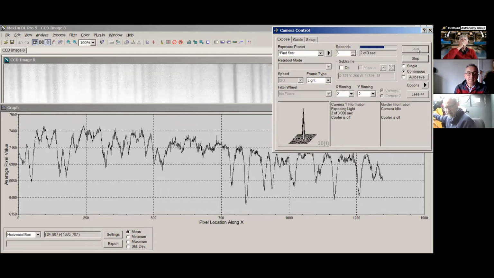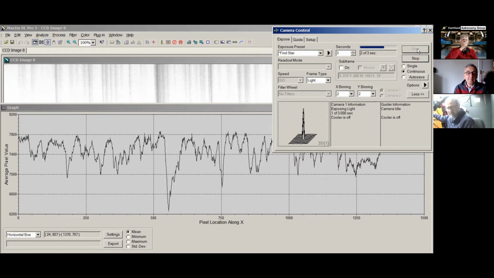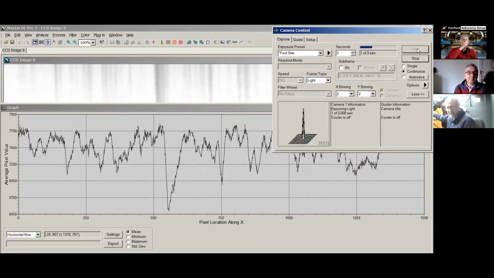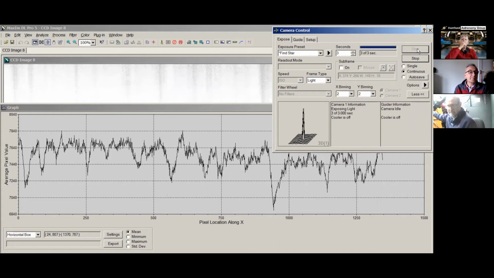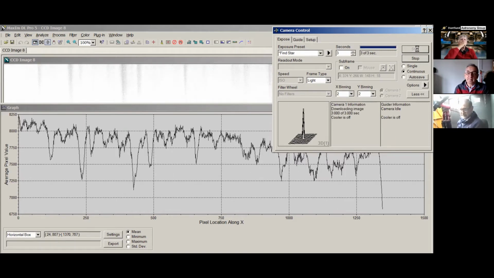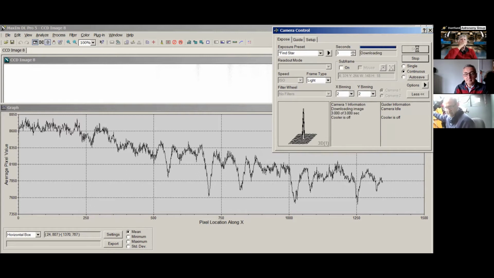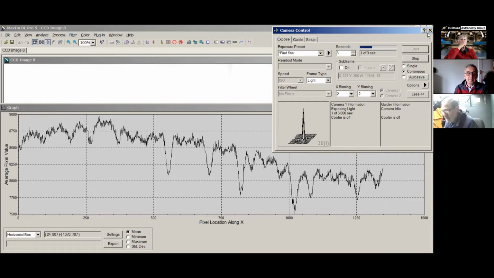And that's quite a way down, and they are quite close together. Let's just stop it there and do an adjustment.